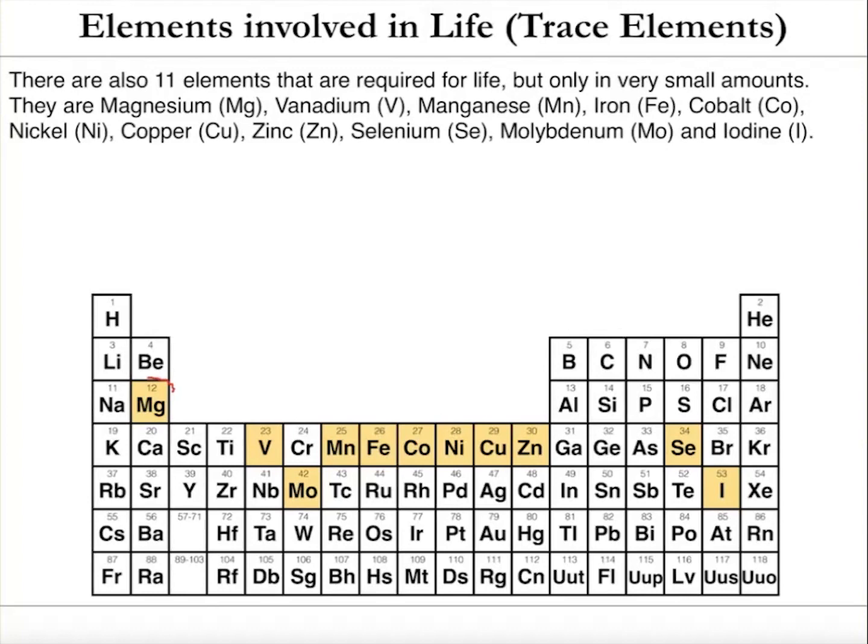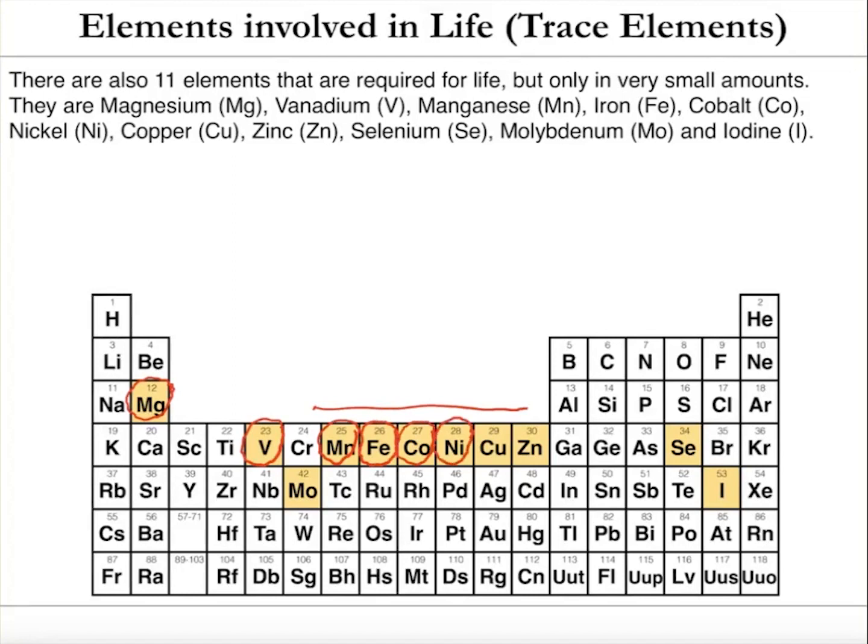So magnesium, which is number 12 on the periodic table, vanadium, which is 23, which is a metal. These right here are all metals. Manganese, which is number 25, iron, which we mentioned is the heaviest element that can be created in a star directly. So number 26. Cobalt, number 27.